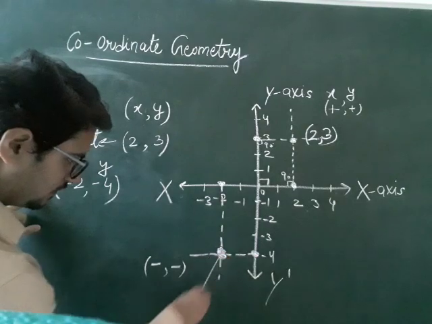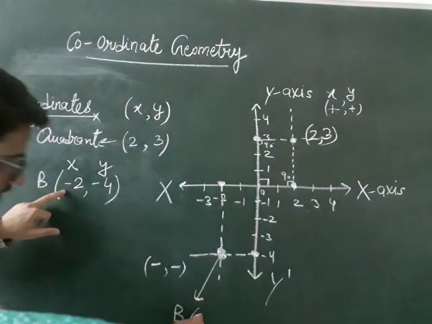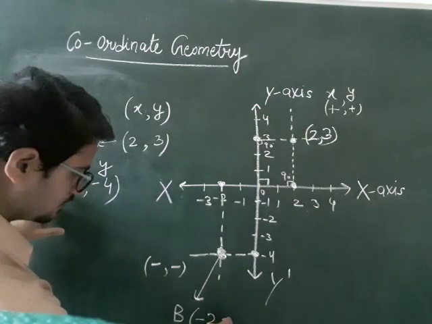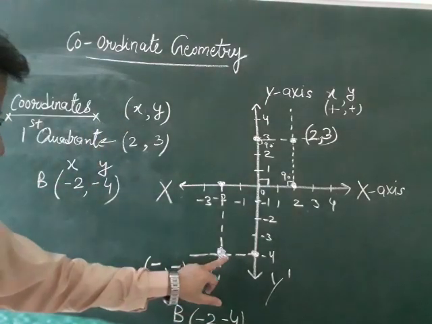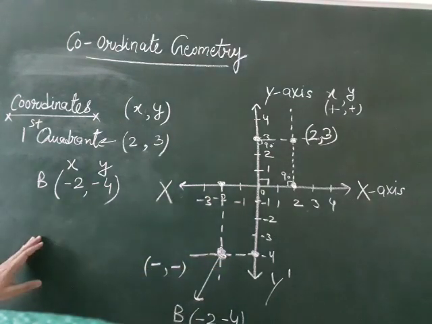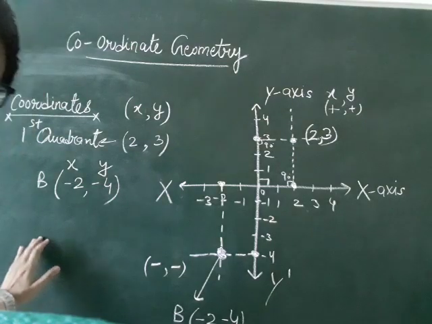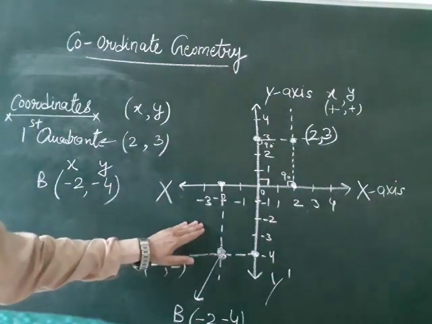This point is your B, and the coordinates of B are (-2, -4). So this point denotes (-2, -4). In this process you can plot any number on the coordinate axis.